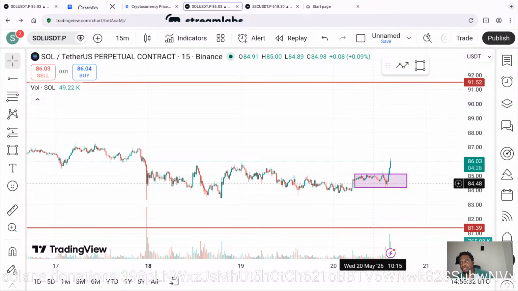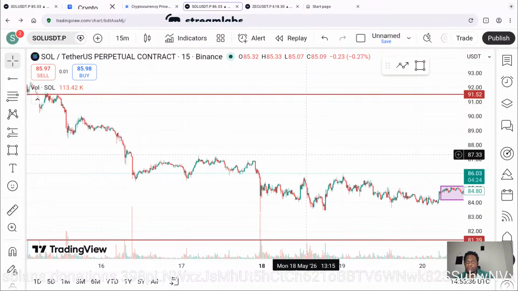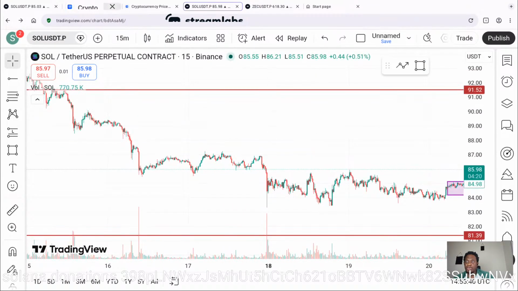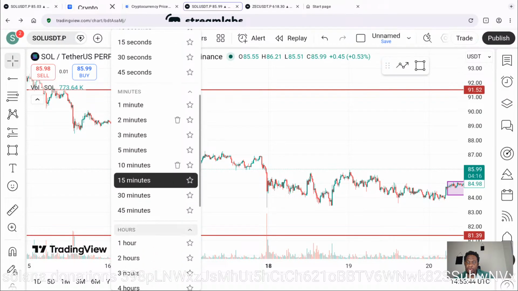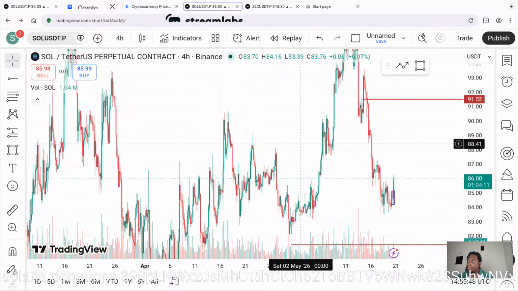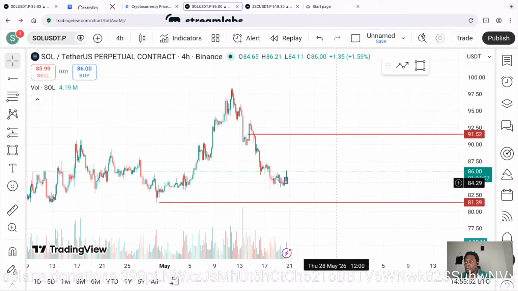Because this is a minor structure. What's the main structure that broke us down? In order to find that, we're going to switch to the 4-hour chart to find out the main structure.